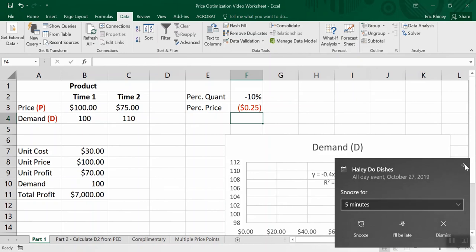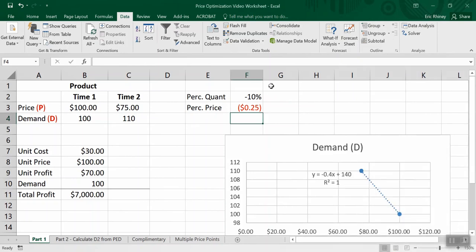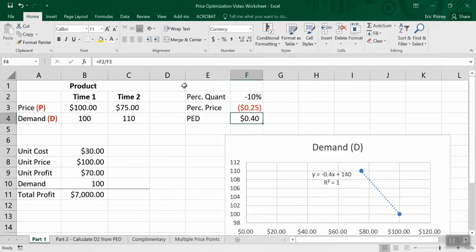And then our elasticity, sorry about that, our price elasticity of demand will be our quantity demanded divided by price, and this should not be a dollar amount, so it's 0.4. So there you have it.